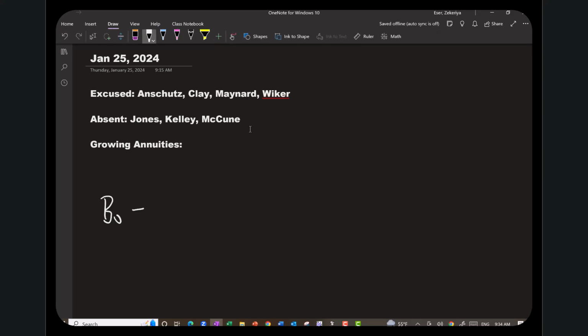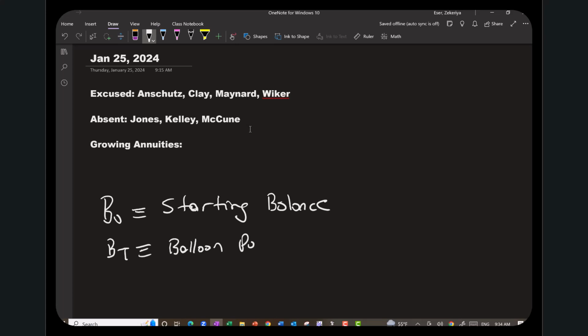With B0, I'm gonna always designate starting balance with B cap T, balloon payment. Obviously, if we're dealing with present value, the starting balance will be 0.